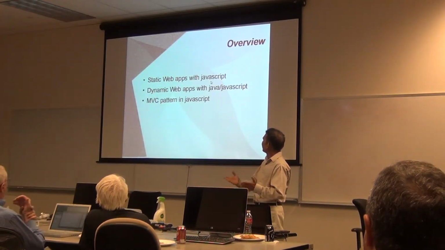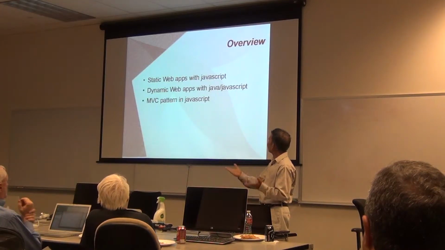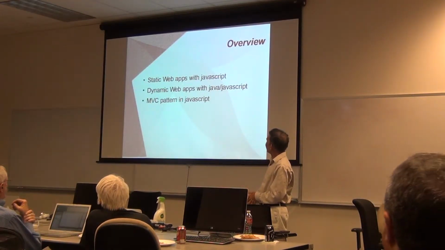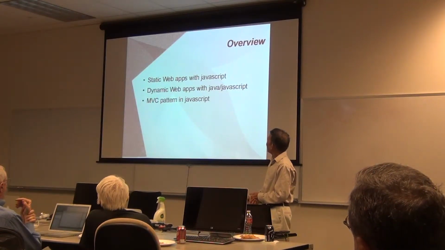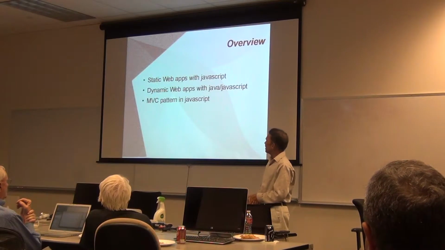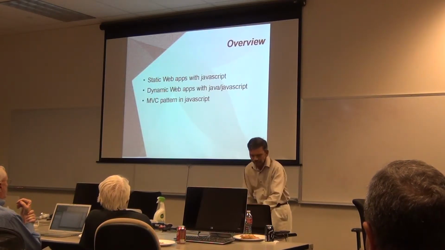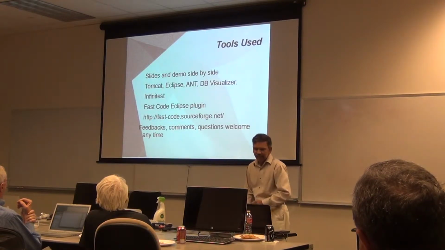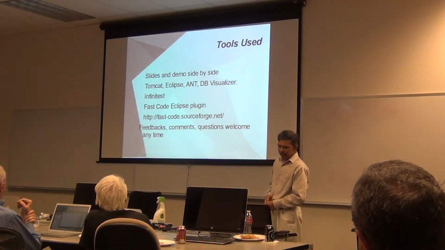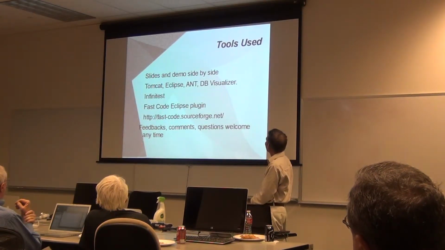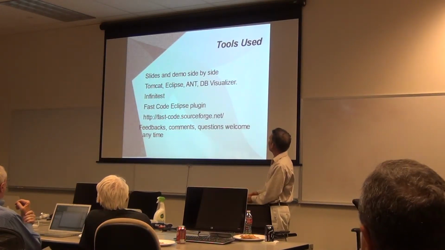Then somewhat dynamic, with data coming from a backend in Java and a front-end in JavaScript, and then go into the MVC pattern in JavaScript, and actually ExtJS. Okay? I don't have many slides, but most of the talk will be a demo.